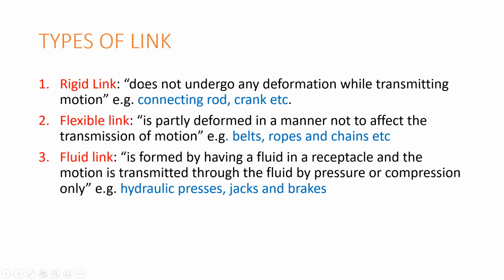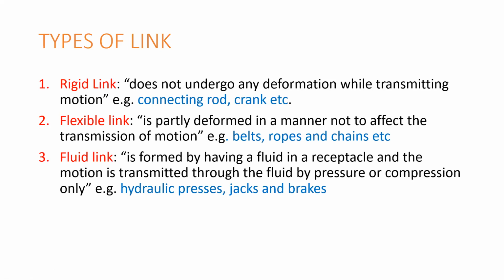In a strict sense, a rigid link does not exist, because you know that if you apply some force on a component, that component is going to deform. Though that deformation will be very negligible, deformation will be there.